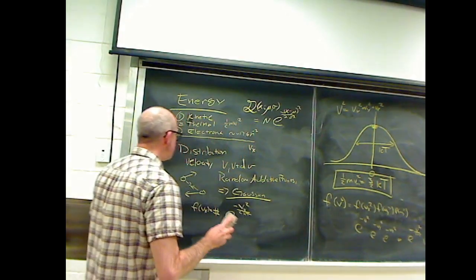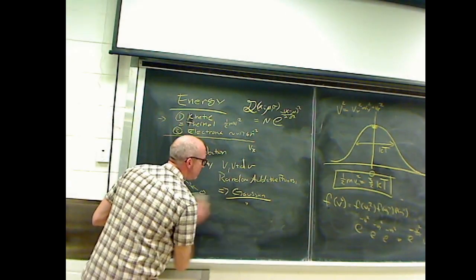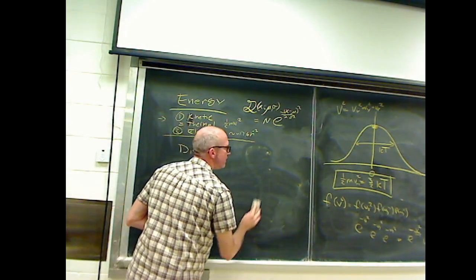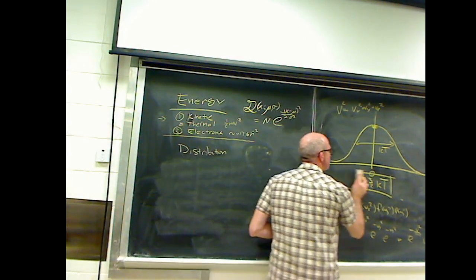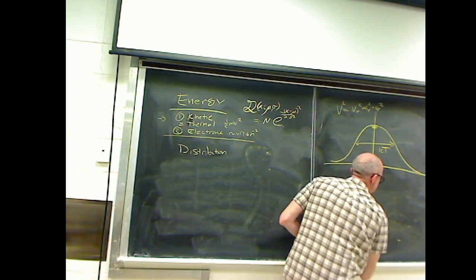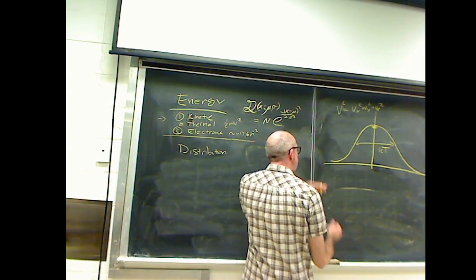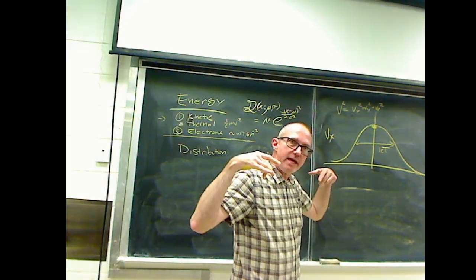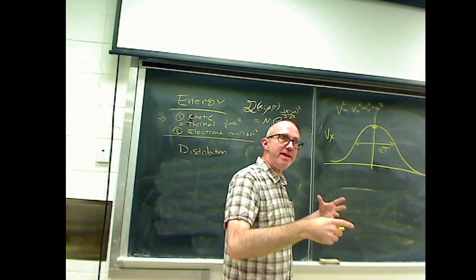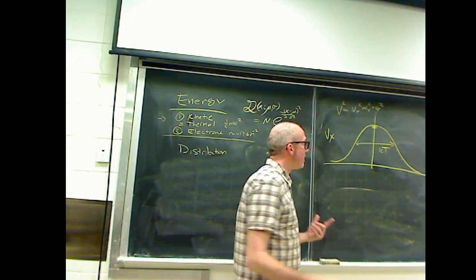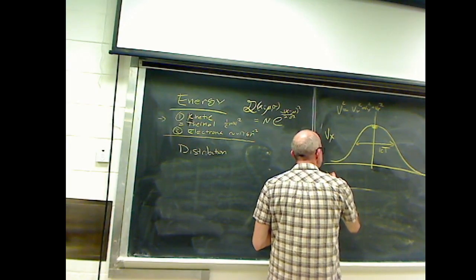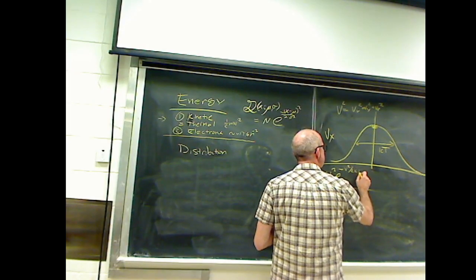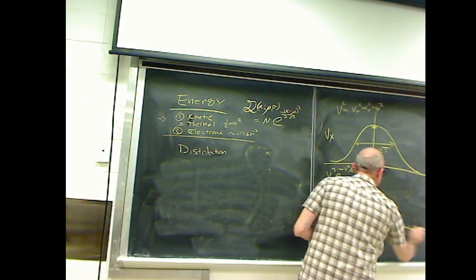So the distribution of Vx is a Gaussian. When I get Vx, Vy, and Vz, and I make the vector norm out of those 3 things, I'm left with a Maxwellian, which is v squared, e to the minus v squared over 2kT, which looks like this.